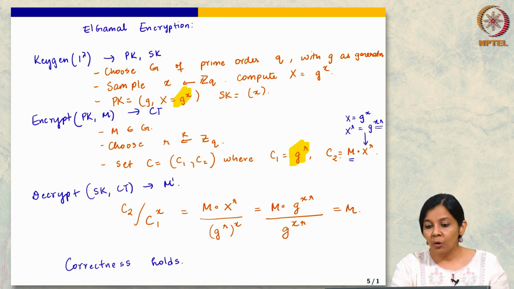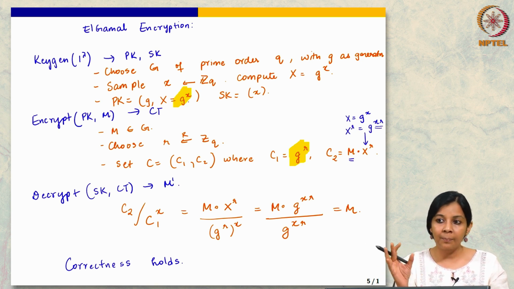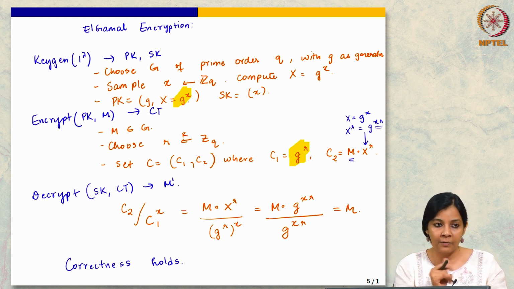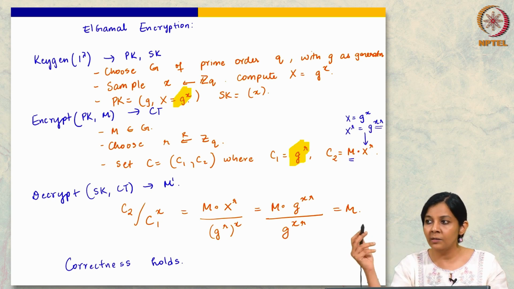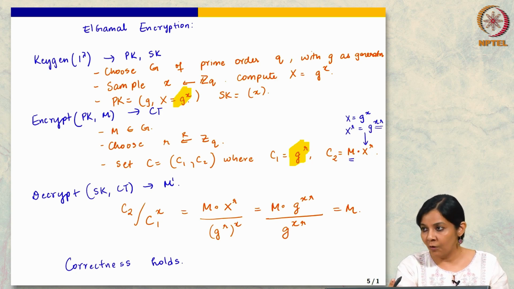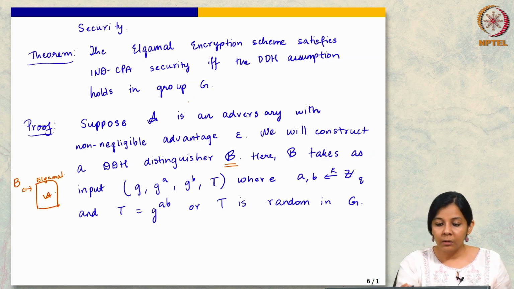The public key contains one part of the DDH tuple. So, what is the DDH tuple? If I ignore G for a second, it is G to the A, G to the B and G to the either AB or C. The public key contains one of those things. So, what should I do?